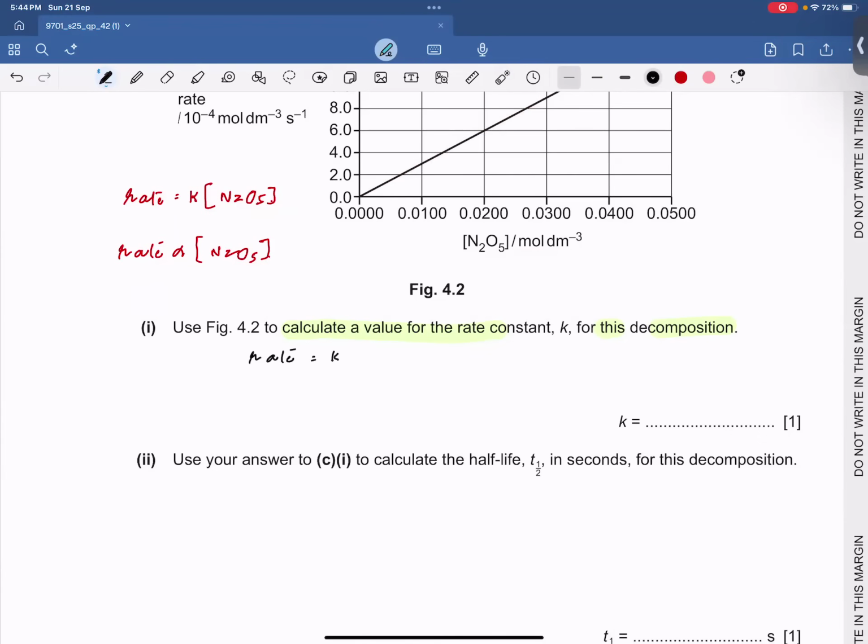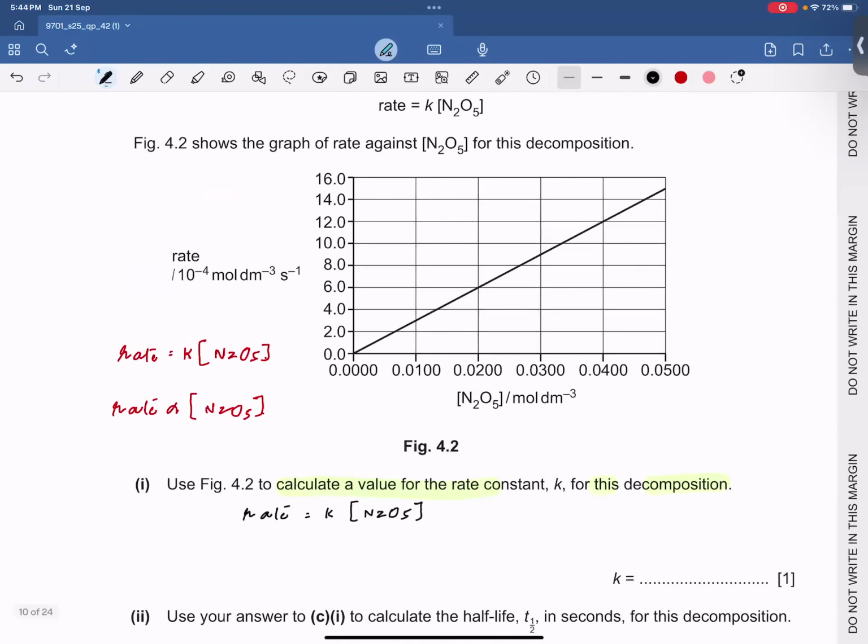rate equals k times the concentration of N2O5. The rate of reaction is already given. From this value, I can find the rate of reaction. And this is going to be 15.0, so 15.0 times 10 to the power minus 4.